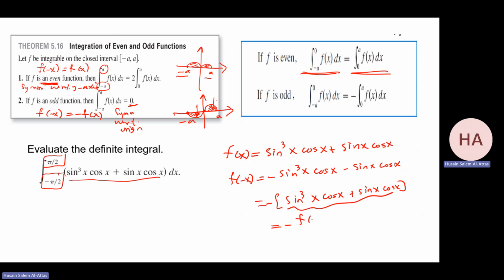So this is minus f of x. So f is an odd function. That means this integral will be 0, right away.